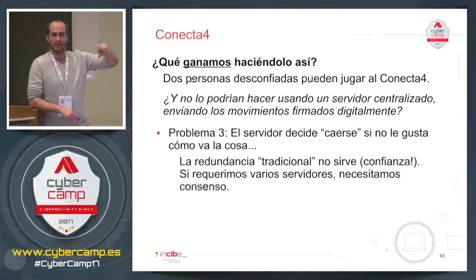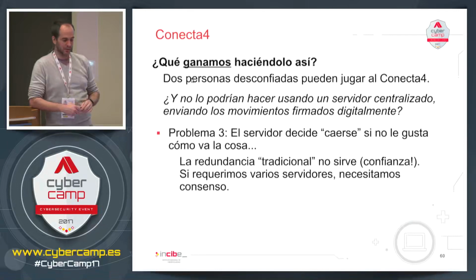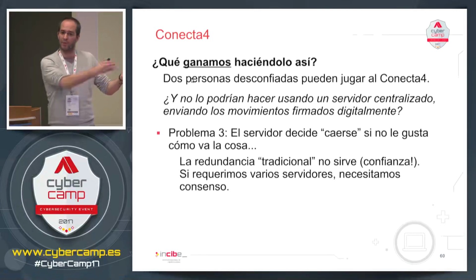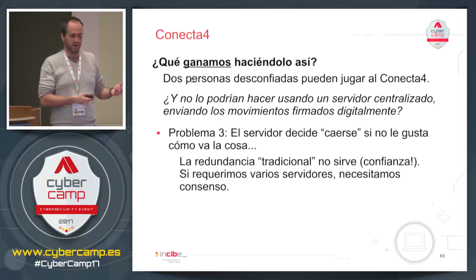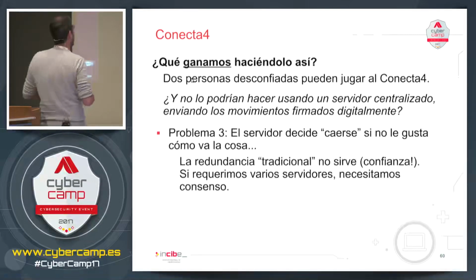You could just replicate other servers that are playing Connect4. But here, we've still got the same problem because they're replicas that are controlled by the same server. So if it's a malicious server, then we can do nothing about it.